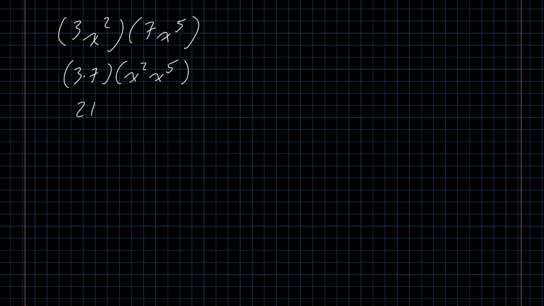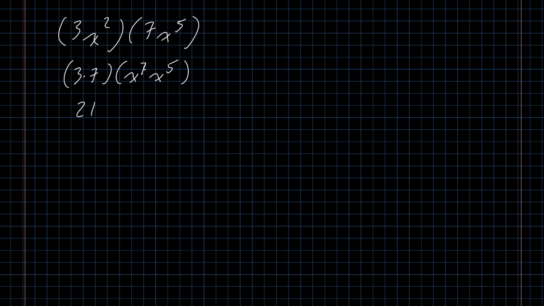And so if we are multiplying a couple of monomials, I can use the commutative and associative properties to rearrange. Right? 3x squared times 7x to the fifth is the same thing as 3 times 7 and then x squared times x to the fifth. 3 times 7 is just 21, nothing strange going on there.